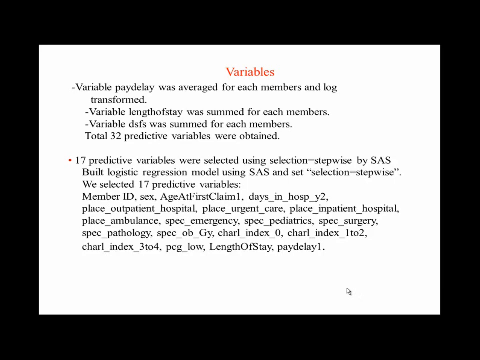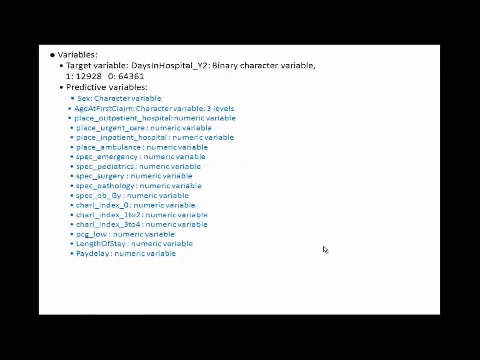Using SAS, 17 variables were selected by the option selection equal to stepwise. The other variables were member ID, sex, age at first claim, days in hospital Y2, and so on until pay delay 1. Now we can have a look at the different variables in the model.